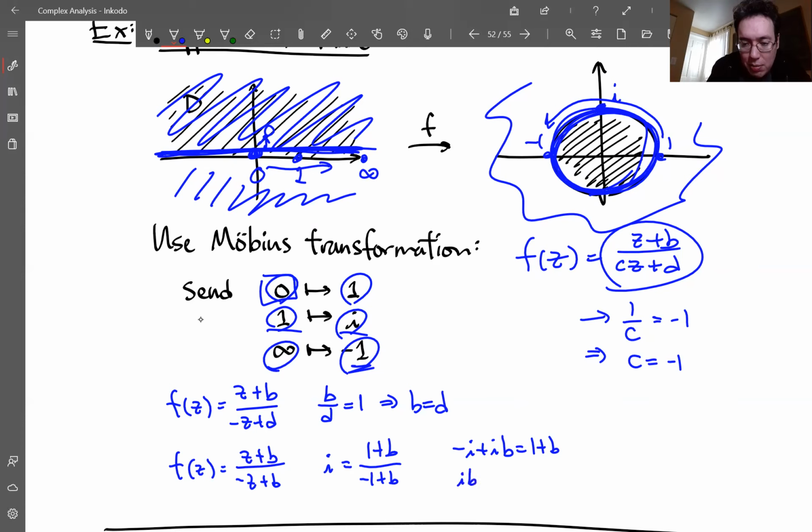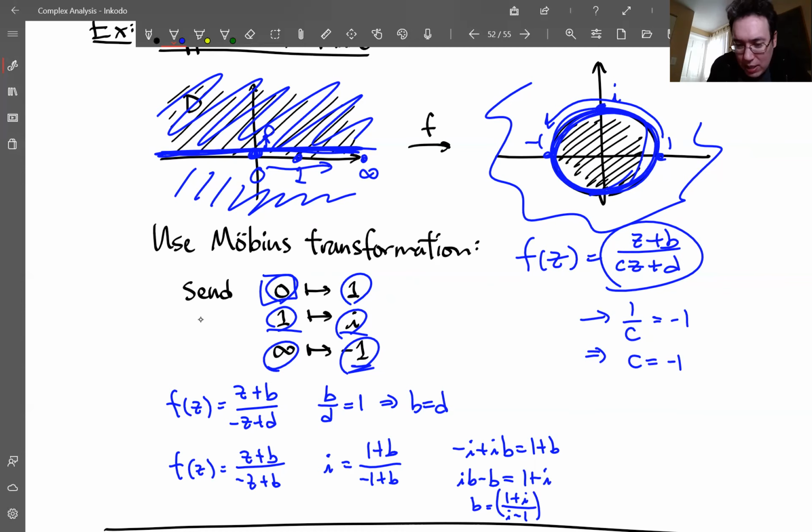So IB minus B is equal to 1 plus I. Factor out the B and divide by the coefficient. So B is (1 plus I) divided by (I minus 1).